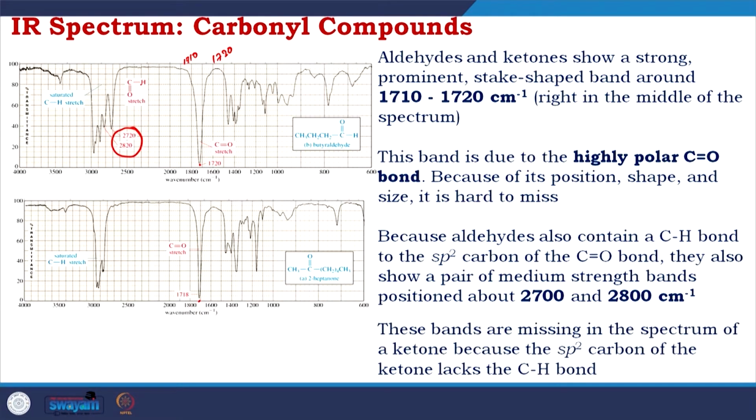If you look at the carbonyl of ketone, this hydrogen is missing. So, this band you do not get here. So, that is one of the significant differences you can use to differentiate between an aldehyde and a ketone based on the IR spectrum.